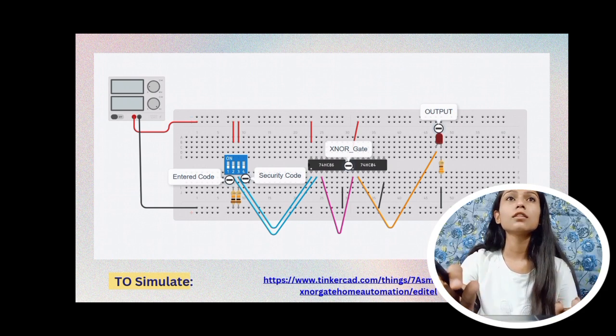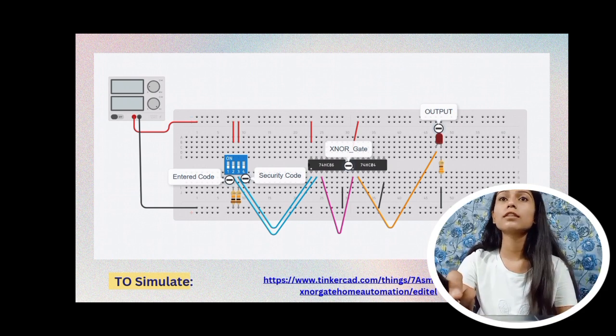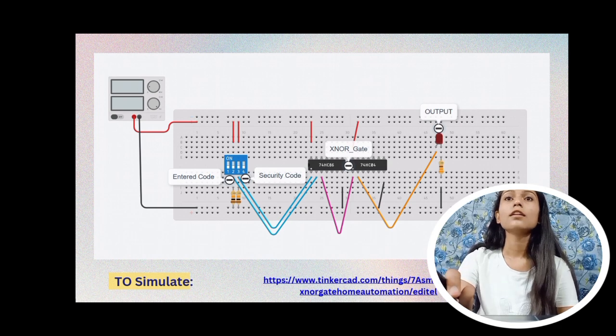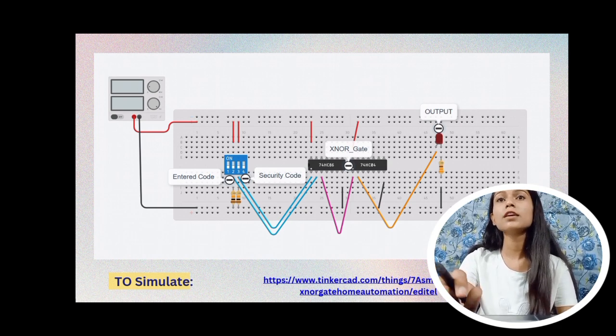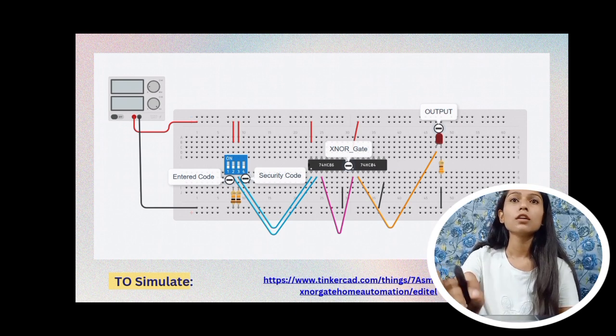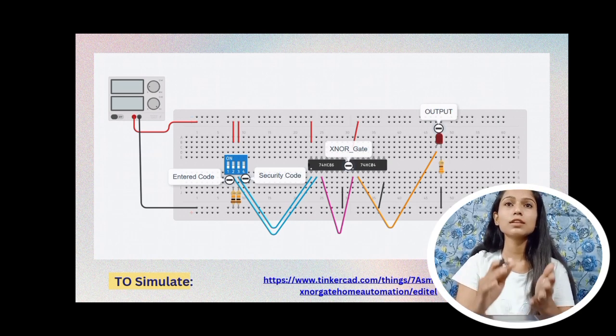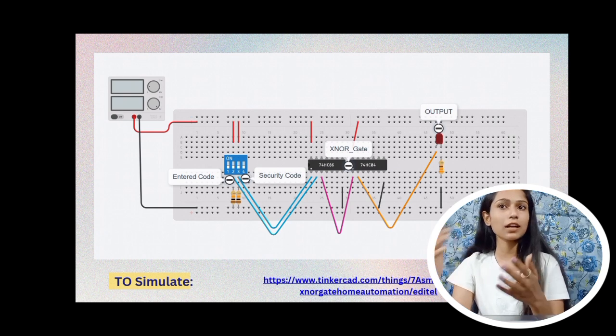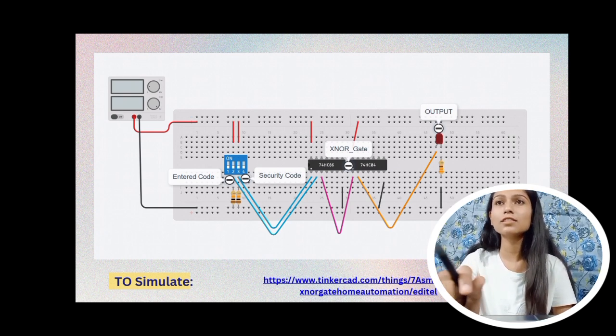In this we do not have an IC of the XNOR gate. Because of this we used an XOR gate IC and inverted its output, and the output of the NOT gate is given to the LED. We will simulate this. When both inputs are 0, that means both inputs are matched, then the access is granted, and that's why the LED is on.